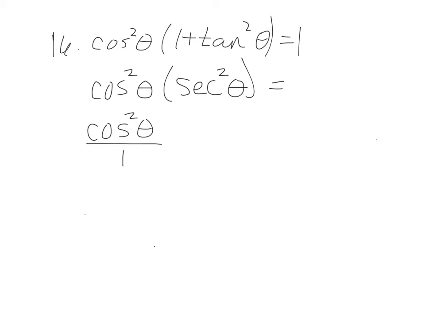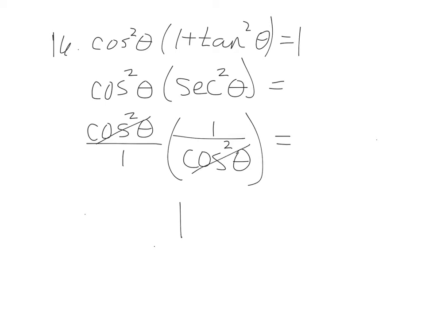Therefore, secant squared in the numerator is going to be cosine squared in the denominator. And then this explicitly demonstrates, if you didn't see it before, that cosine squared over cosine squared cancel, and we get 1.